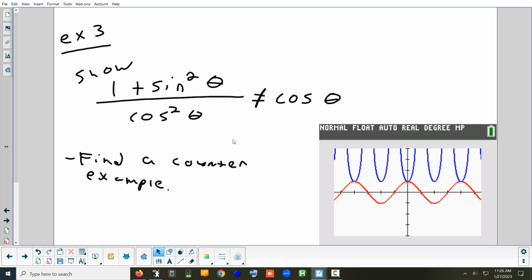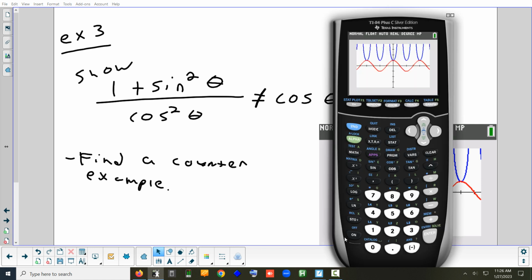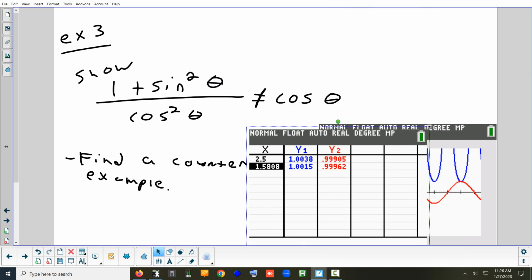Yes. So would you write your answer as if theta is equal to this? Yeah. I'd say let theta equal 2.5. Pick a random number. If I plug it in on the left, I just use the table. Second table, 2.5. If I plug in 2.5 on the left, I get 1.004.